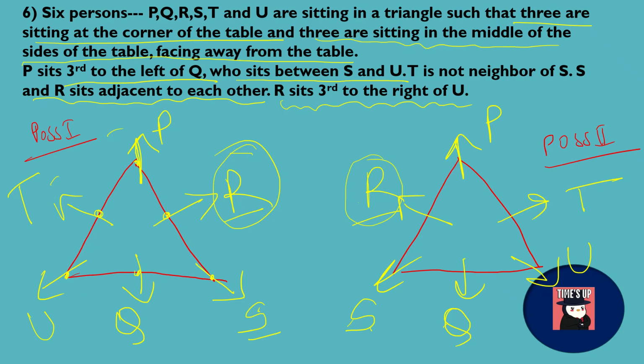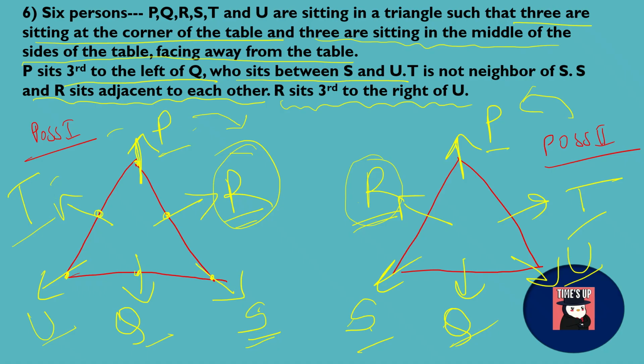See, if you come here in the clockwise direction, you'll get P, R, S, Q, U, T. This will be your arrangement. If you come in the anti-clockwise direction, P, R, S, Q, U, T only you're getting. So whether you come in clockwise or anti-clockwise direction, both the possibilities are correct here actually.